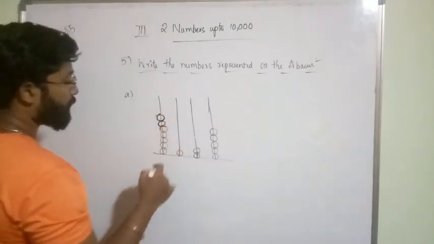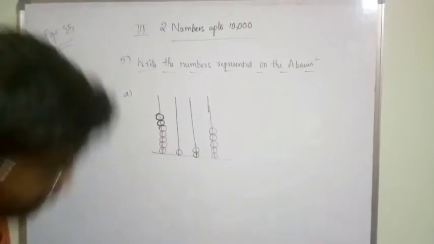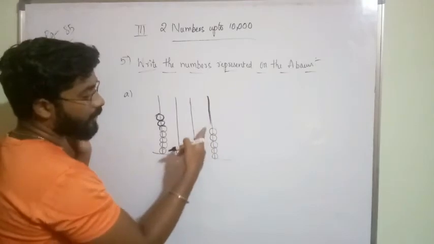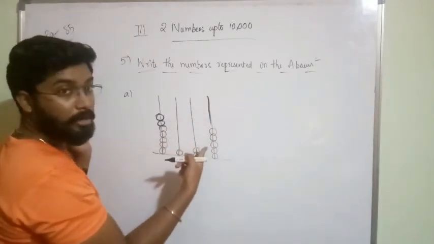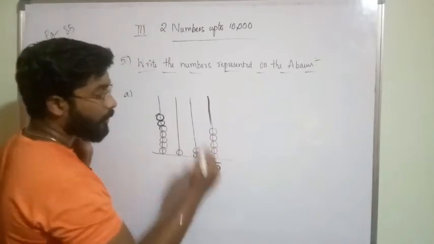Yes, 7 only. You have to write 5 below the ones rod.